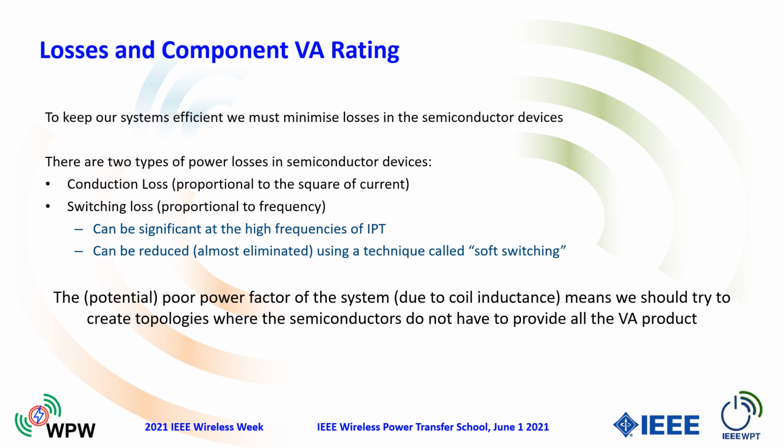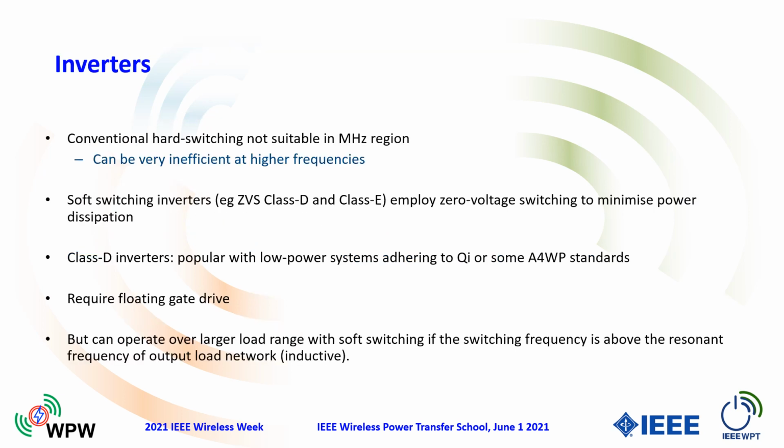And ultimately, that is about VA rating. I don't want to have an excessive VA or particularly voltage rating of the semiconductors on the primary side, only to use a fraction of that rating to get the voltage across the air gap. And of course, you've seen how I deal with this problem, as I mentioned earlier. We deal with that using resonance. So we want topologies that through resonance lower the VA ratings of the semiconductor devices.